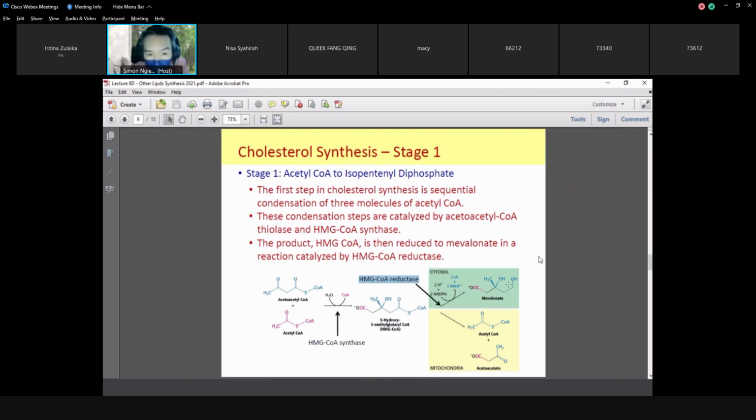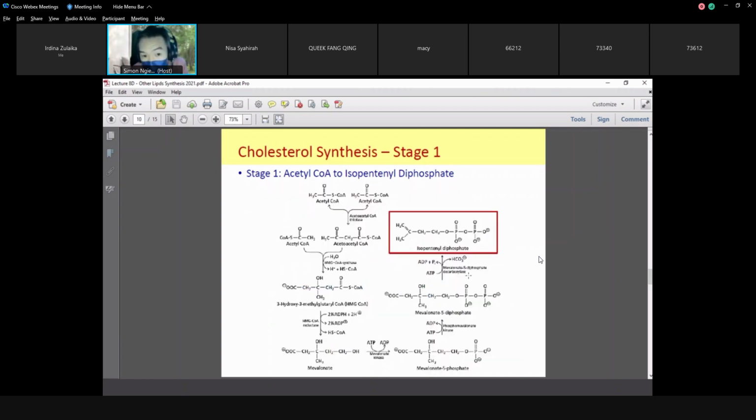This is another picture to illustrate the whole process again. Two come together to form a four carbon member, then the third member comes in, so four plus two forms HMG-CoA, which, with the help of reductase back in the cytosol, gives you mevalonate.